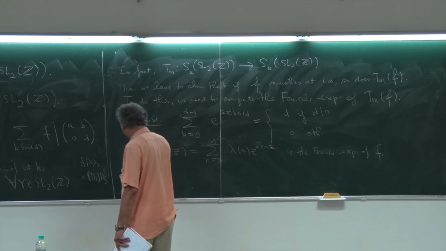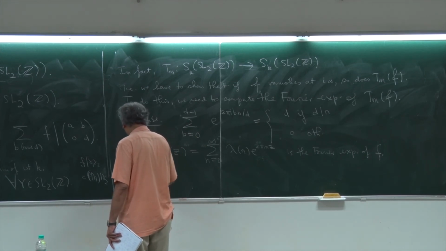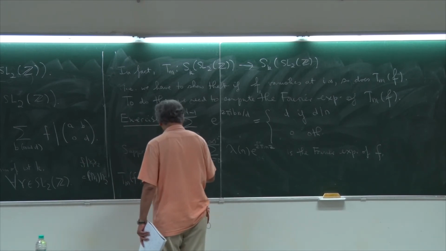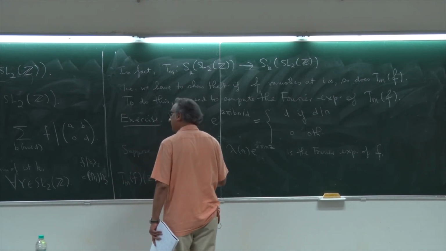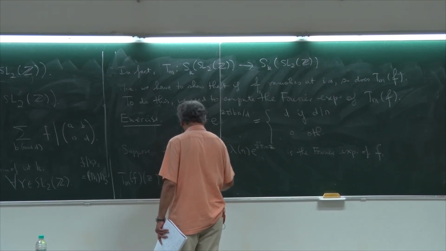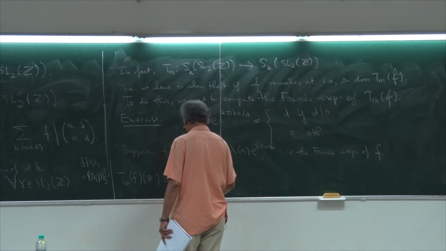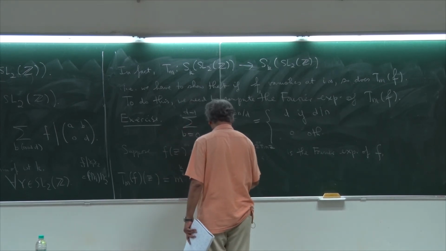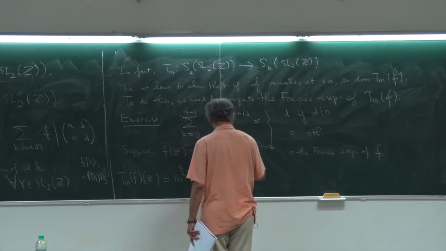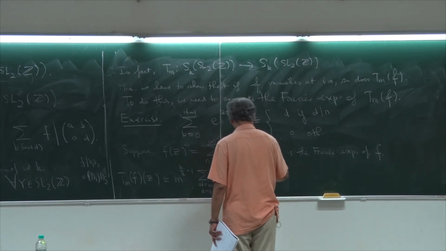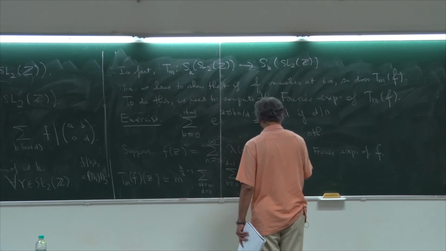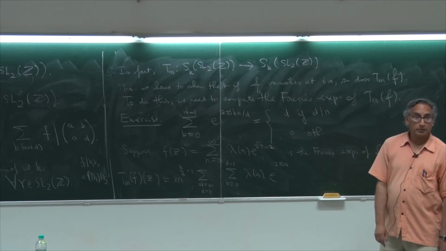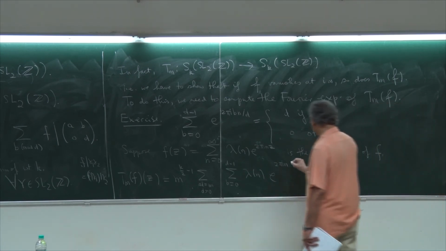I'll just indicate the highlights. So here we have T_m of f of z is equal to m to the k over 2 minus 1, sum over ad equals m, d positive, b mod d, b going from 0 to d minus 1, lambda of n, e to the 2 pi i n, where I have to replace z by (az plus b) over d.